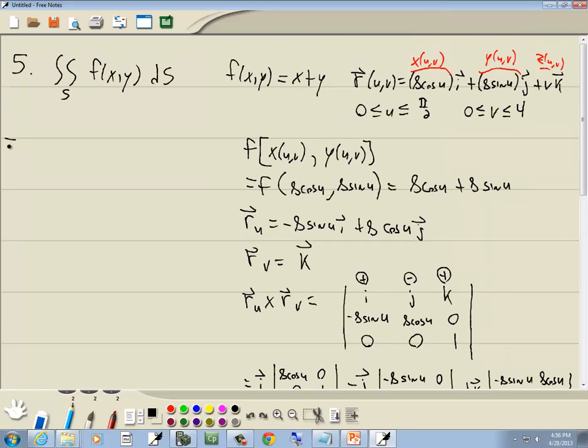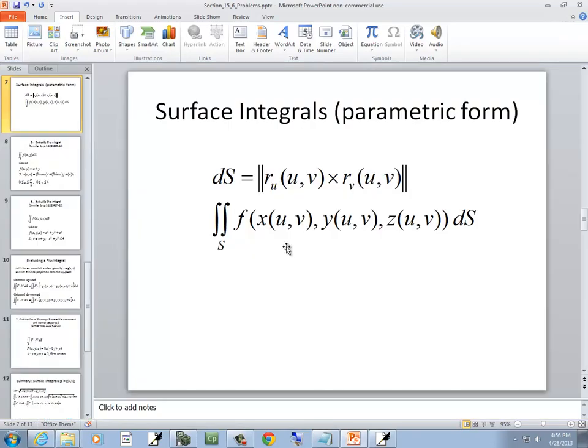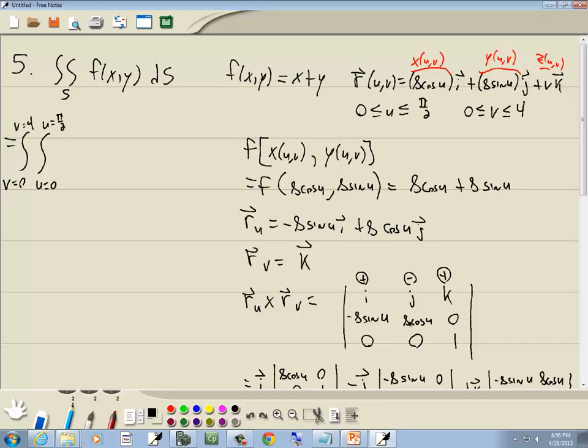So this is going to become, and it doesn't matter what you put, but I'll put the v here. v is equal to 0 to v is equal to 4, and u is equal to 0 to u is equal to pi over 2. And we have our function, which function we said was right here, 8 cosine u plus 8 sine u.